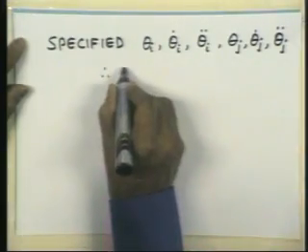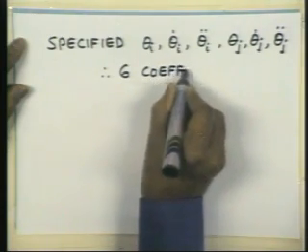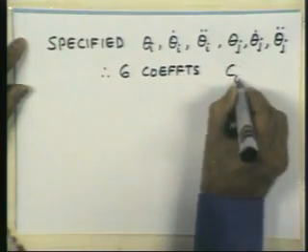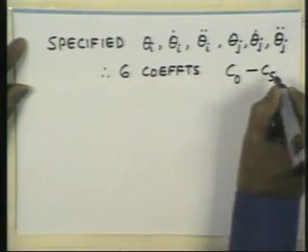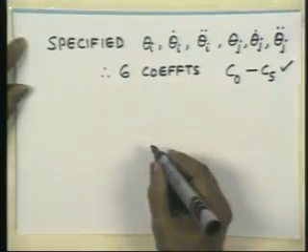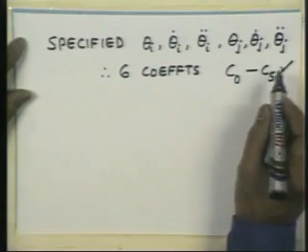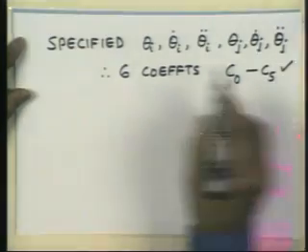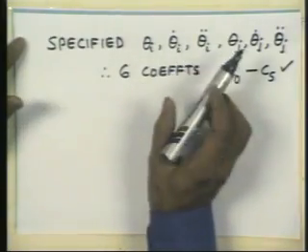So, therefore, 6 coefficients C naught, C1, C2, C3 up to C5 can be determined. Okay. So, you can fit an appropriate degree polynomial, C5 tau power 5. So, you can go up to the 5th degree polynomial. If you have only position and velocity, you can go up to only a cubic polynomial and so on and so forth.